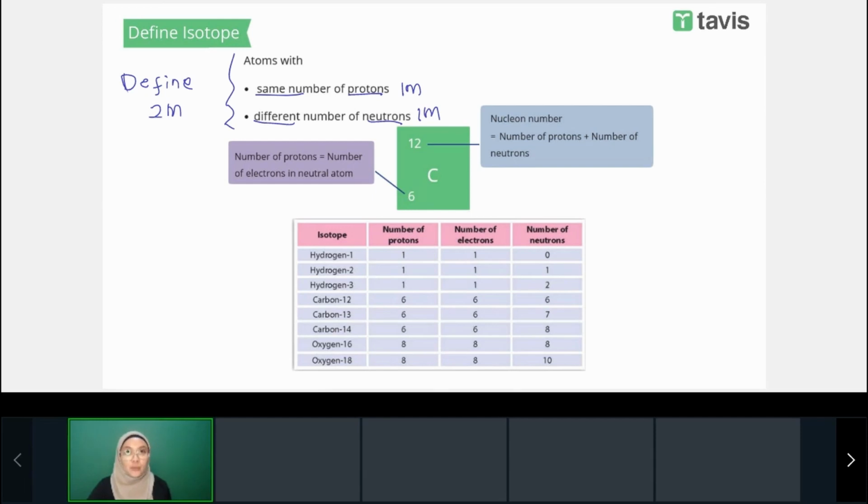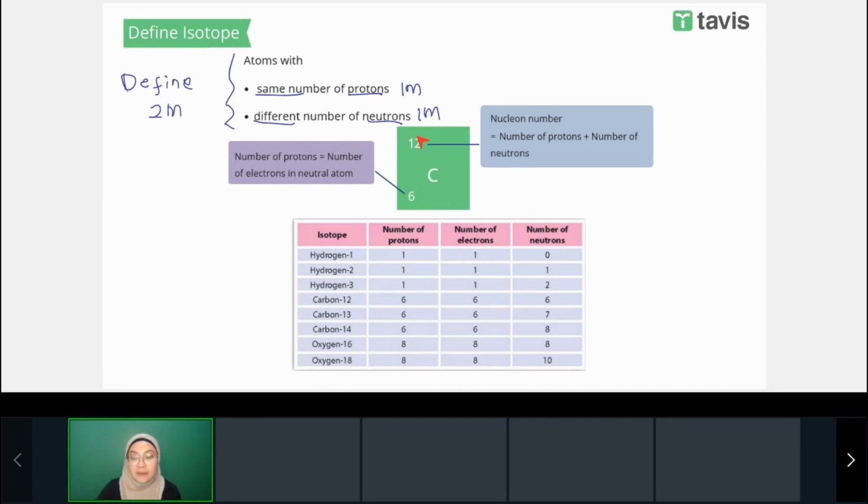So let's say the question asks you, please define an isotope. You can write: atoms that have the same number of protons but different number of neutrons. That's it. Now you are given the carbon atom.